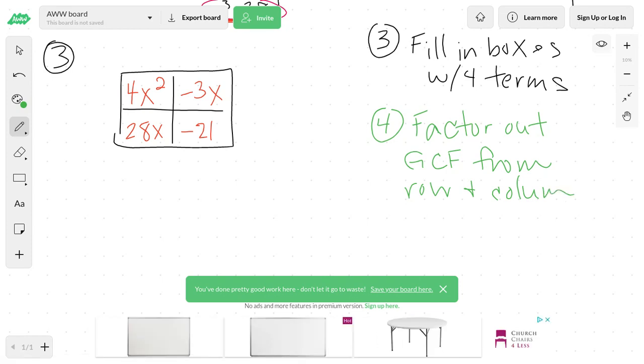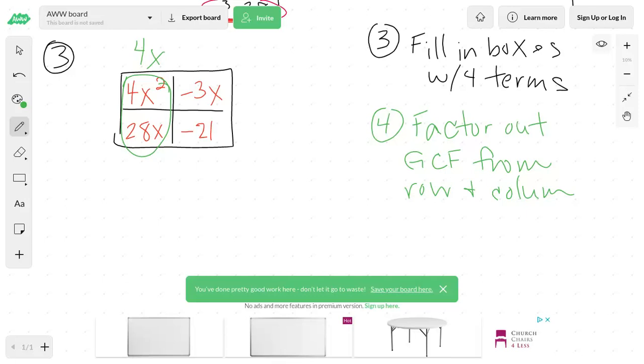Okay, so what we're going to do is, let's look at the first column. We have 4x squared and 28x. The GCF between 4 and 28 is 4. And between x squared and x is x. Okay, so that's our GCF of these 2 terms.